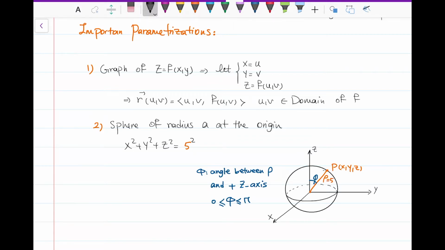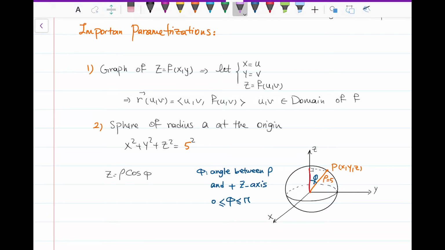Now I'm going to look at this right triangle in here, and the length here would be z, and based on the right triangle, z would be rho, which is 5 in here, rho cosine of phi.